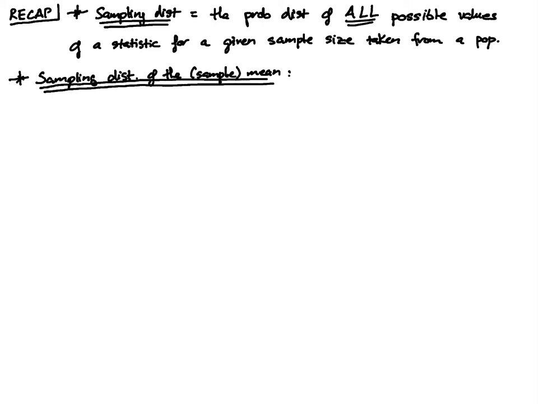So, suppose that we have a population with a variable x, with the mean of mu x and the standard deviation of sigma x.